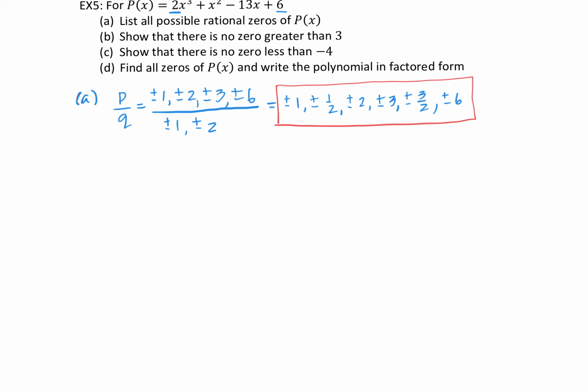We're going to now use this boundedness theorem in part B to show that there is no zero greater than 3, which means I'm going to do synthetic division, and I'm going to look at the bottom row to see if they're all non-negative. So our coefficients would be 2, 1, negative 13, and 6.